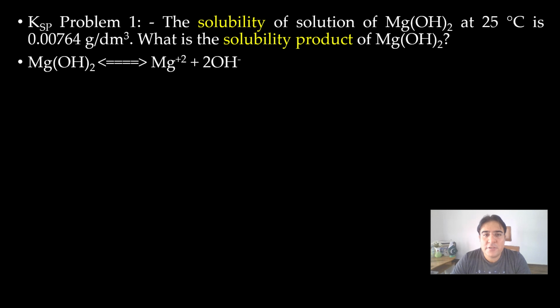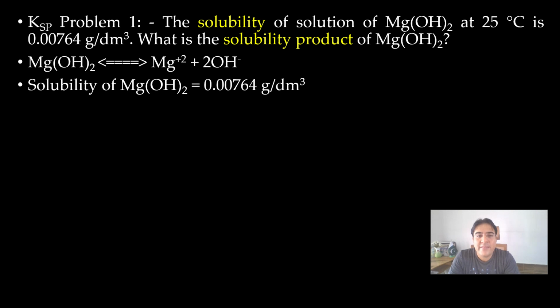So first things first, we will write the reversible equation that shows the solubility of magnesium hydroxide. As you know, Mg(OH)2 will ionize into magnesium 2 plus ions and 2 hydroxide ions. So in this given data, we have the solubility of Mg(OH)2, which is 0.00764.